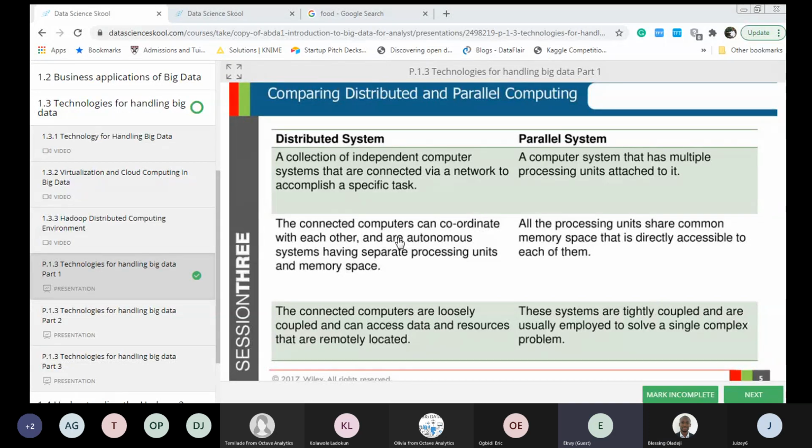But in terms of parallel system, if we still want to liken it to this fancy dish, we would have to do everything at the same time. So we might be two people doing it, but everything we need to get the dish ready, we do together.